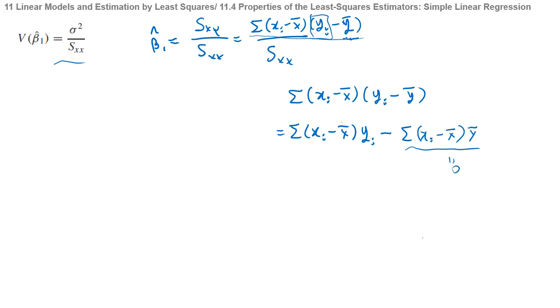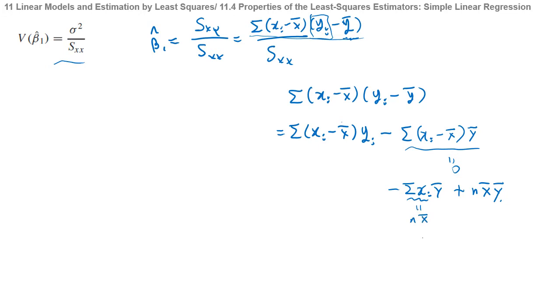This part becomes 0 because it is the sum of xi y bar minus n times x bar y bar, and the sum of xi is n times x bar.